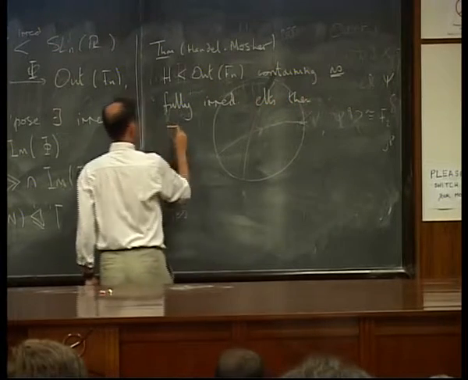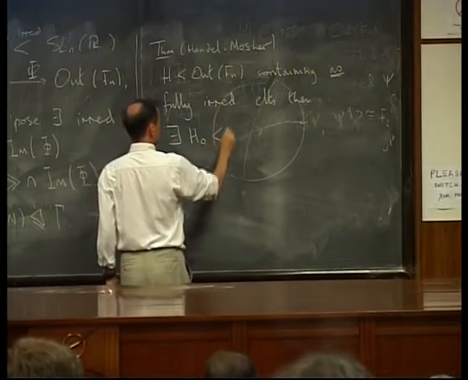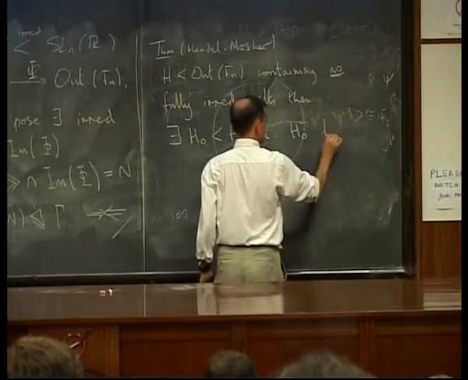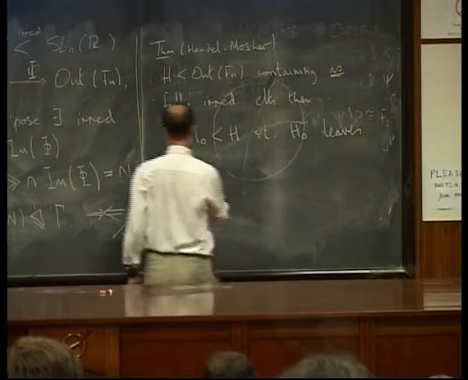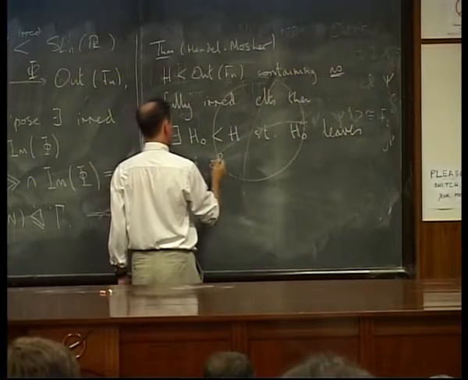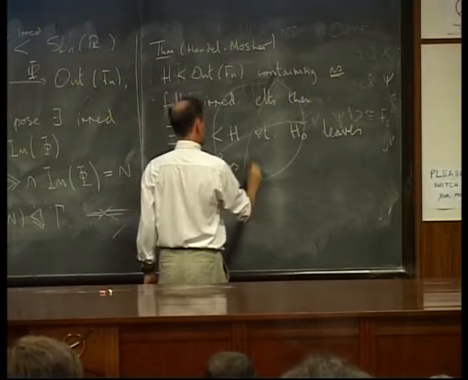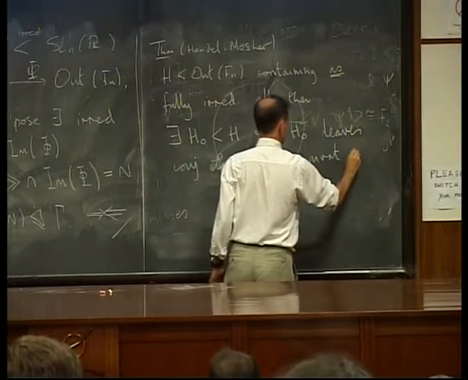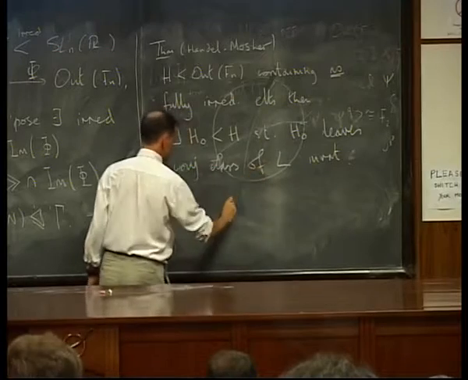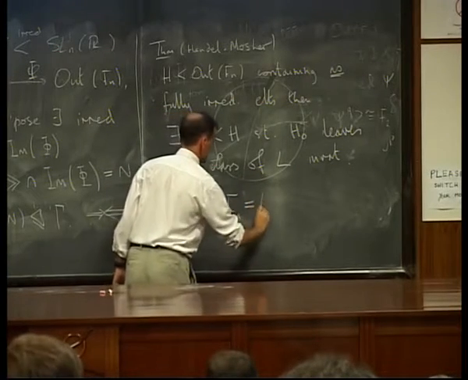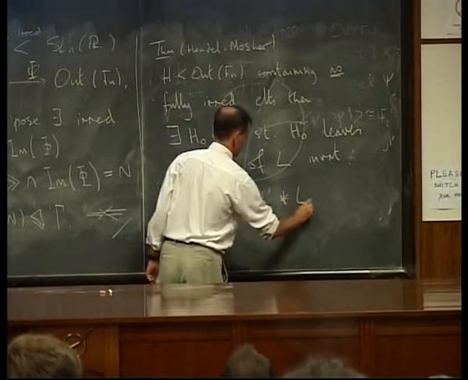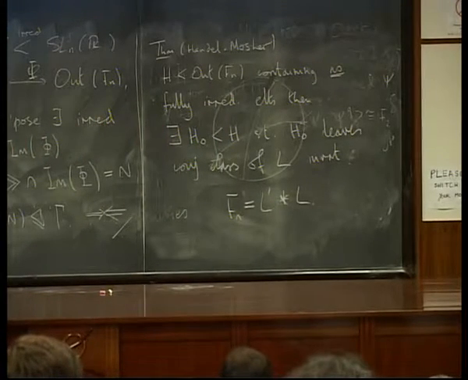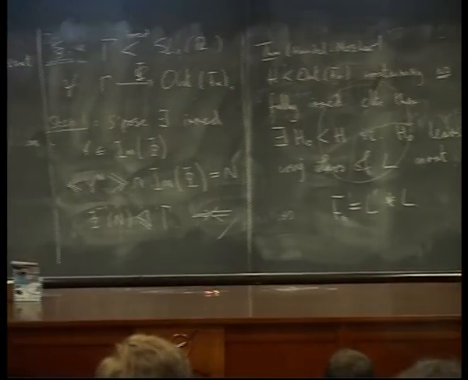Then there's some subgroup H0 of finite index in H that leaves the conjugacy class of some proper free factor invariant, up to conjugacy. So it's a bit like a Kolchin theorem: you get an invariant block, an invariant subspace.